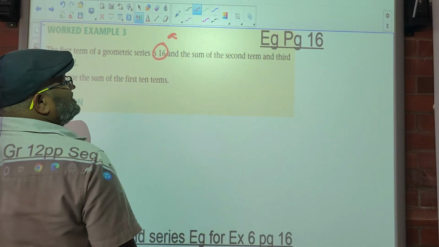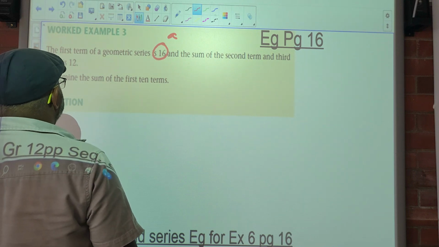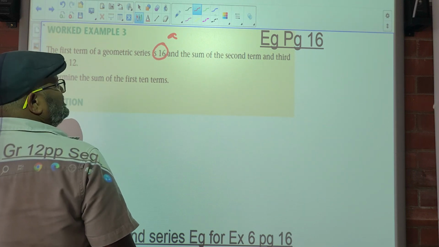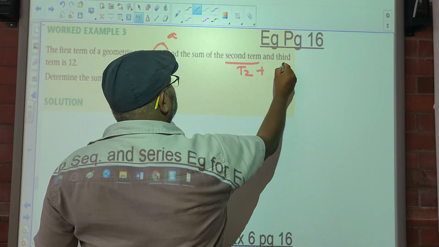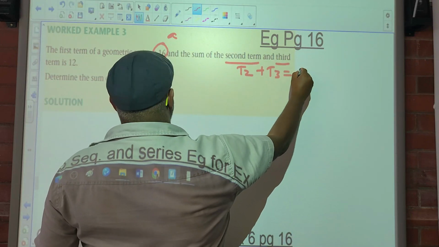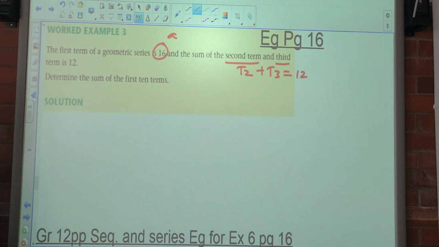And the sum of the second term and the third term is 12. So this is going to be T2 plus T3. The question says determine the sum of the first 10 terms of the sequence.